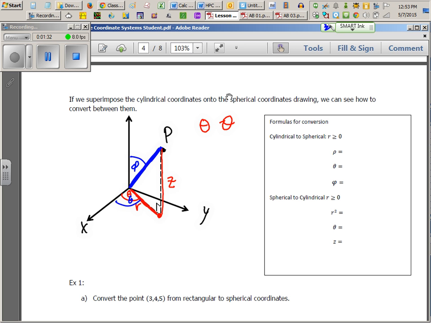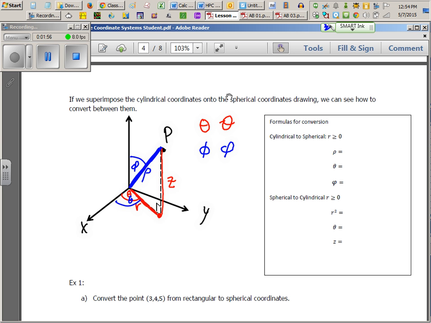A lot of my worksheets look more like that, the script version, I guess. So rho is the distance, and the two angles are theta and phi. Let's try creating these formulas: how do you go from red to blue or from blue to red?